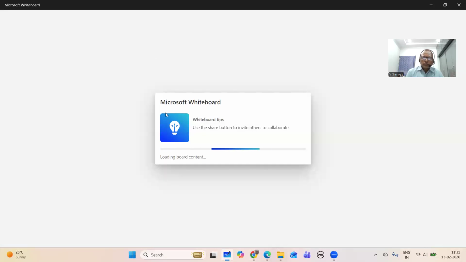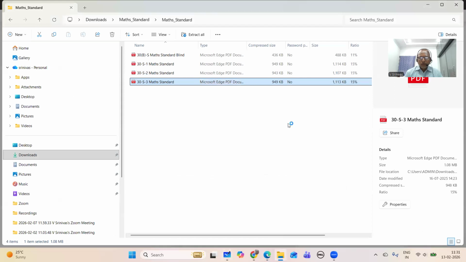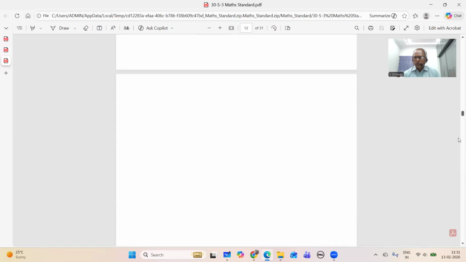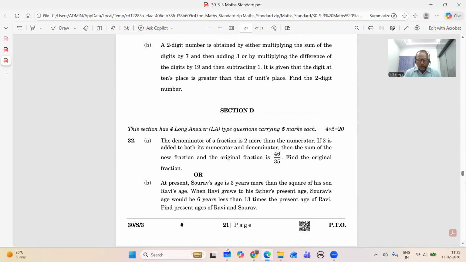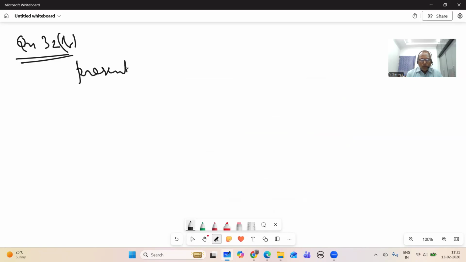So this is 32B. Question 32B. Present age of Ravi, let it be small r.